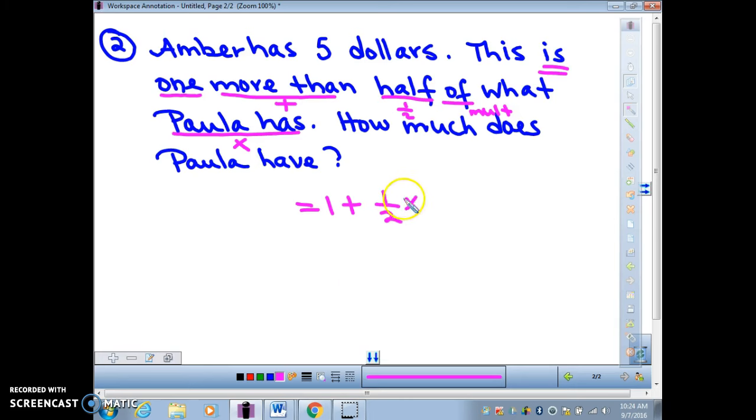Okay, now what is this equal to? One more than half of what Paula has is equal to what Amber has. Again, this word this goes back to the 5 right here. Okay, and we're going to solve this.